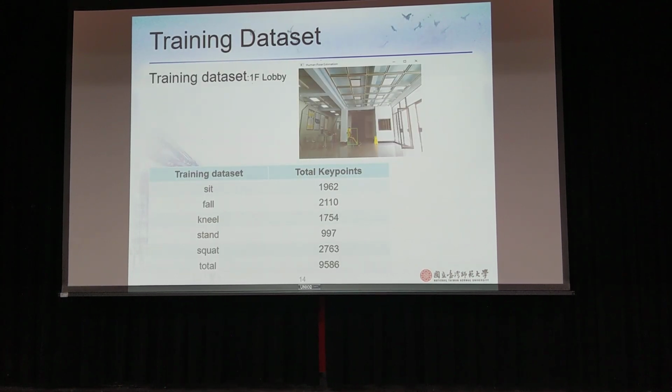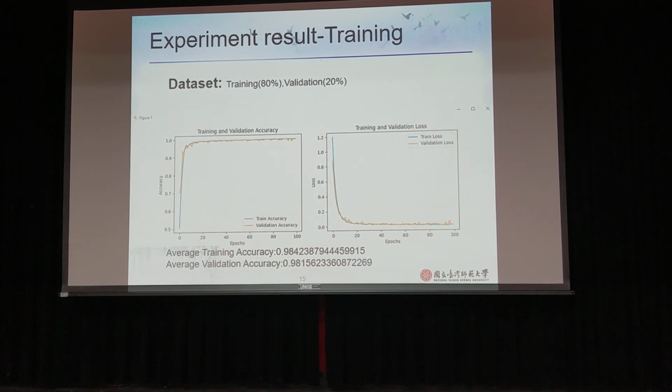The training dataset is collected in one lobby, and we collect 5 postures of data, which are sit, fall, kneel, stand, and squat. I will train them in the MLP network, and I will get a training model. I separate 80% of data into training data and 20% into validation data.